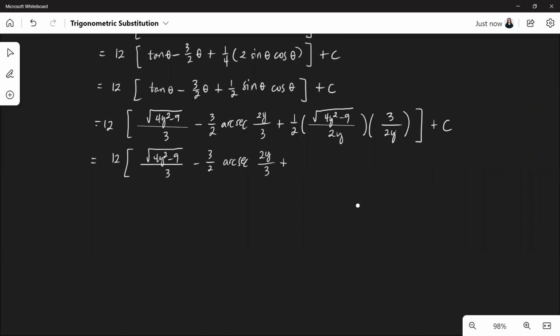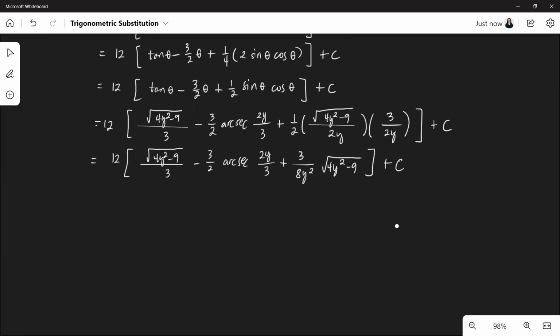So that's 3 over, we have 2 times 2y times another 2y in the denominator. So that's 8y squared, square root of 4y squared minus 9, plus C.